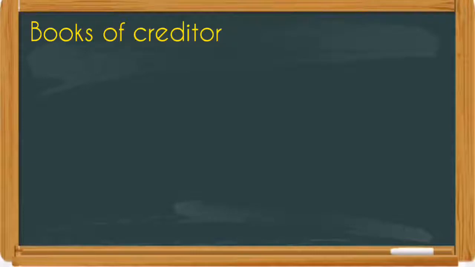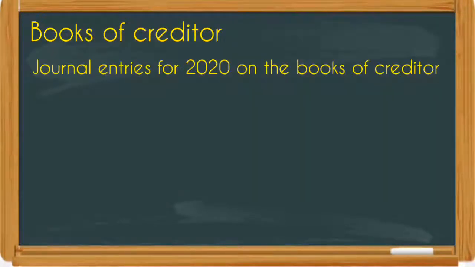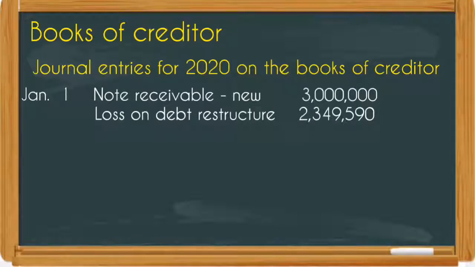Now, let us consider the point of view of the creditor. So, journal entries for 2020 on the books of the creditor. They now have a new note receivable, so 3 million debit. If the debtor has a gain on extinguishment of debt, it is the opposite for the creditor. The creditor will have a loss on debt restructure of the same amount.